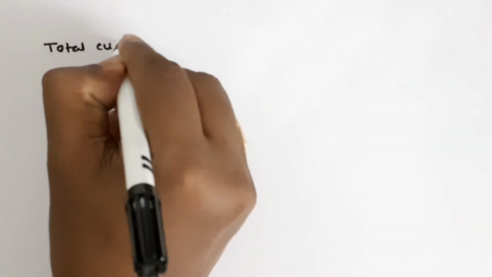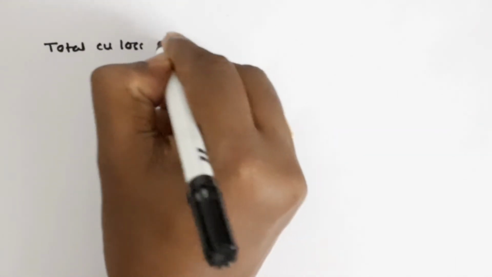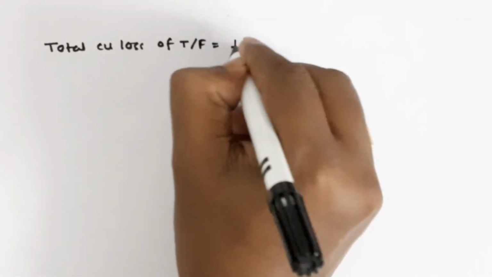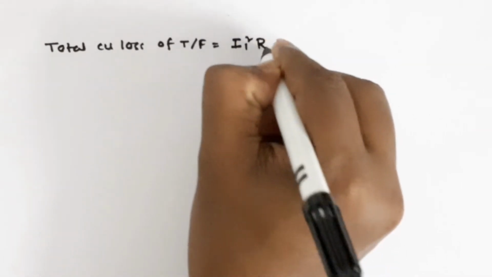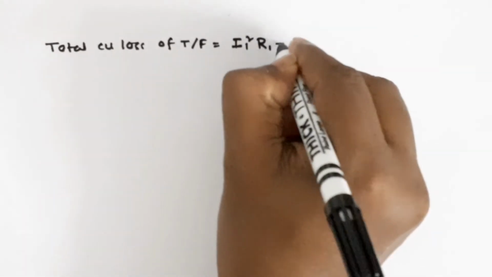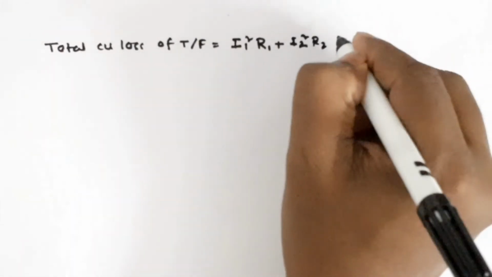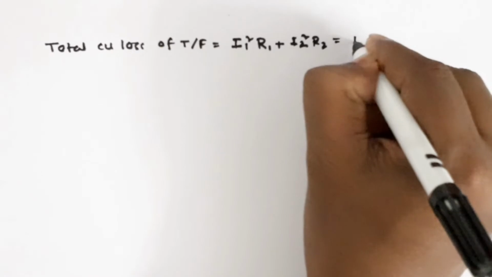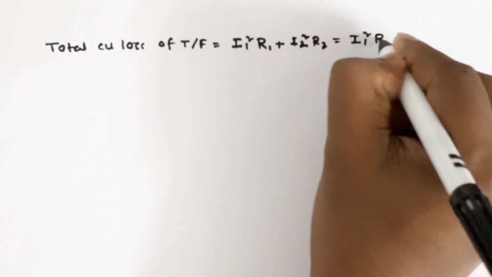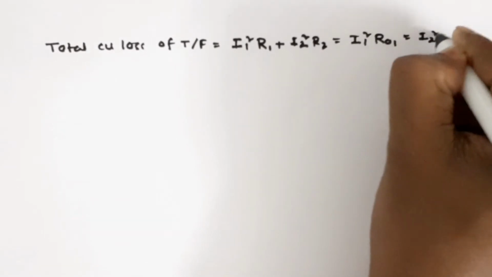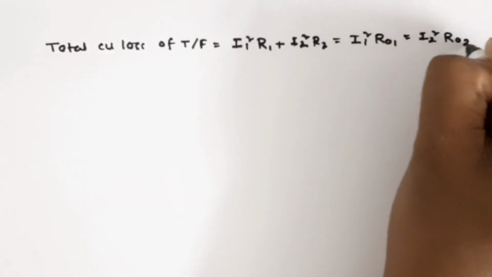Therefore, we can say the total copper loss of transformer is equal to I1 square into R1 plus I2 square into R2, that is equal to I1 square into R01, that is equal to I2 square into R02.